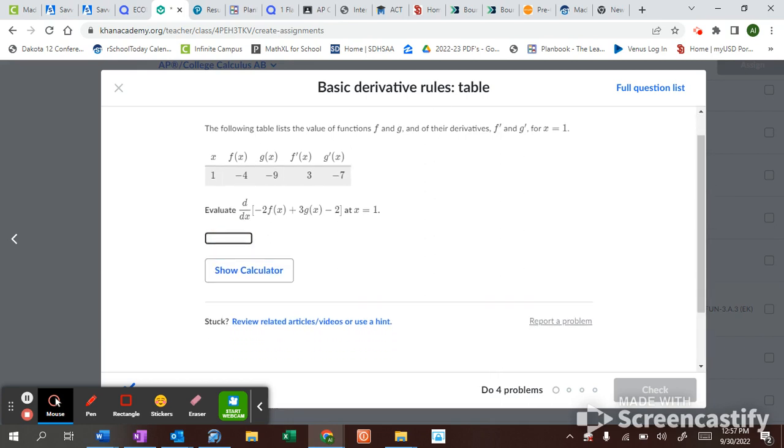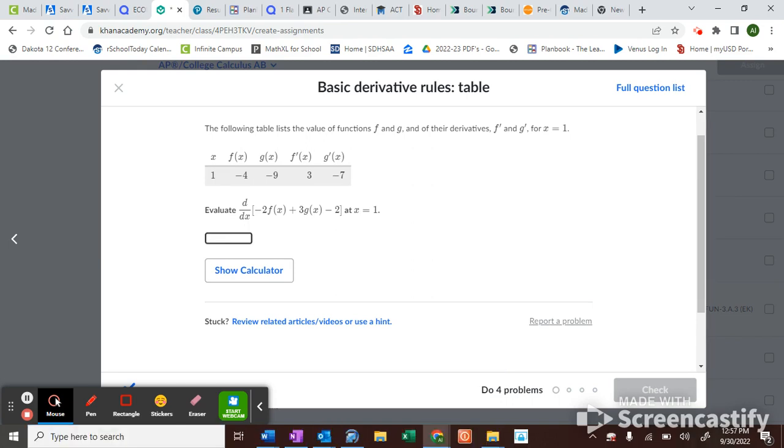So negative 6 minus 21 is negative 27. There we go.